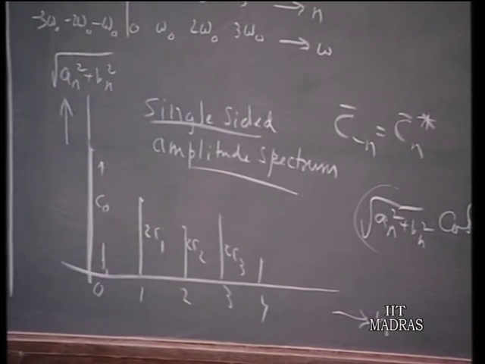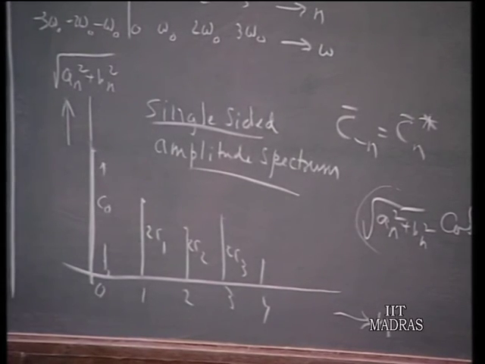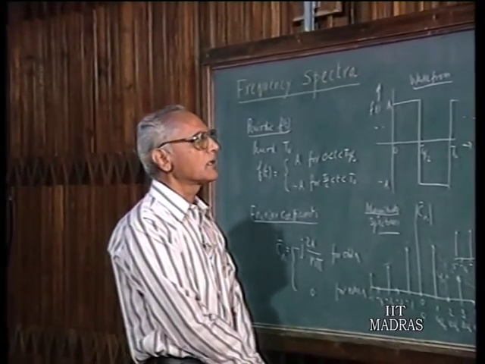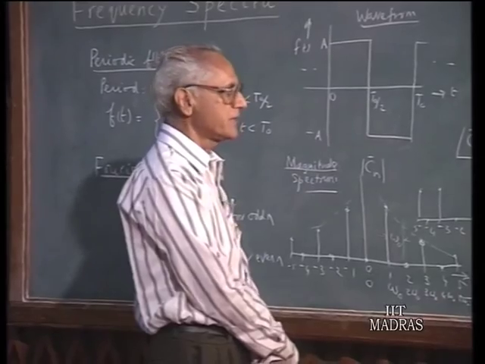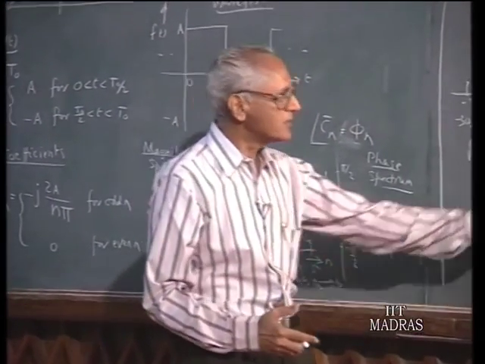Okay? So the concept of spectra is just a way of indicating the various harmonic coefficients in a pictorial way, and since each harmonic coefficient is associated with two quantities, either an or bn, or magnitude of Cn and phase of Cn. For example, if you choose to plot in this fashion, the angle information is again once again this.